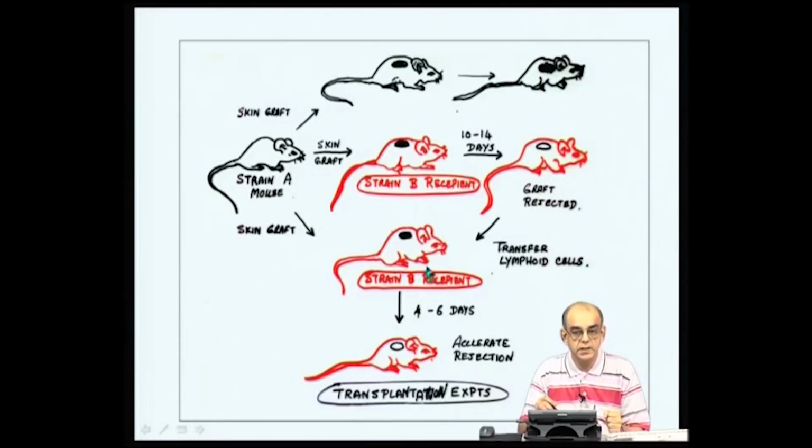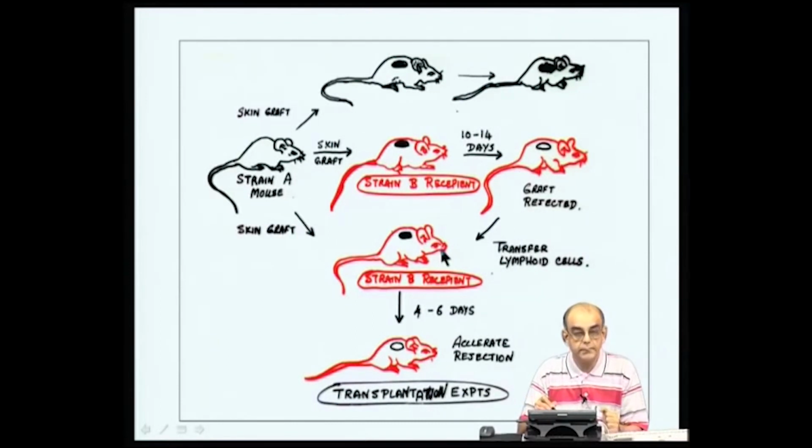After injecting these cells into this strain B recipient, which had not undergone any skin grafting, that means it was a naive white mouse, into this you have injected cells that were derived from a white mouse that had rejected a black piece of skin.